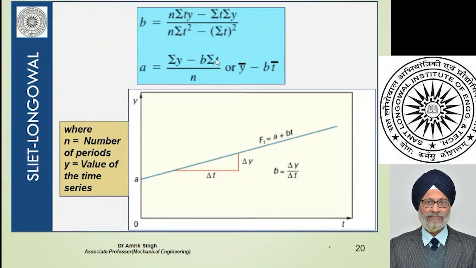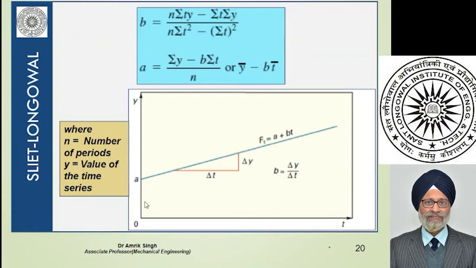Now similarly, in order to calculate b, we must calculate all these sigmas. We know the number of periods, we know t, and we'll make the product and take the sigma. Then we will have the sigma of time period, the sigma of demand, and we'll have the t square and sigma t whole square. So this way we can calculate. n is the number of periods, y is the value of the time series.